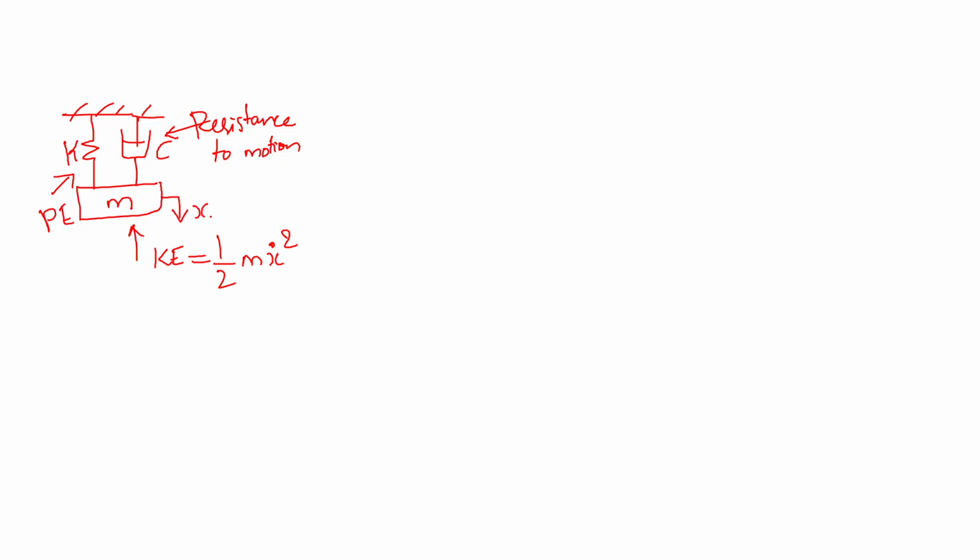Whatever displacement we have here, that will be x. And if you write the potential energy, that will be half k into x square. So x is displacement, x dot is velocity.